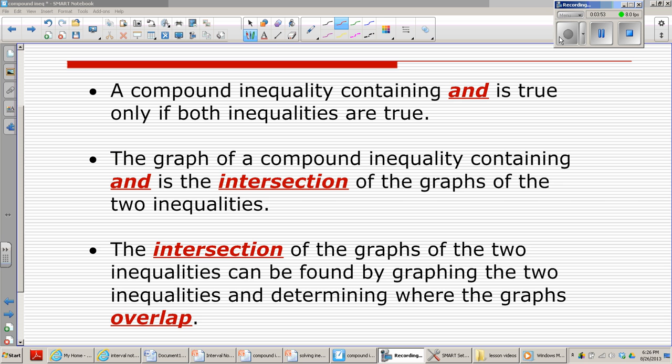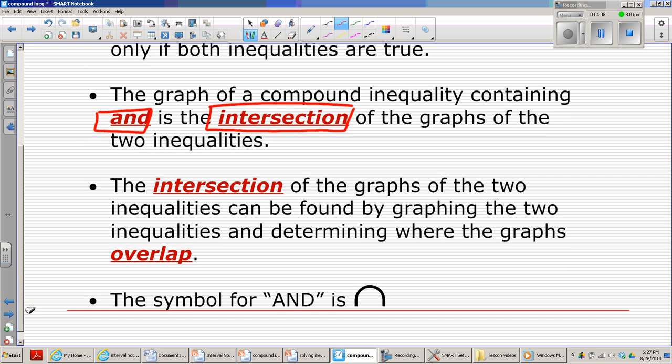Remember, the graph of compound inequalities with the word "and" means that we're looking at the intersection. The intersection is what they have in common, where you will see them overlap. The symbol that can also be used to replace the word "and" is an upside down U.